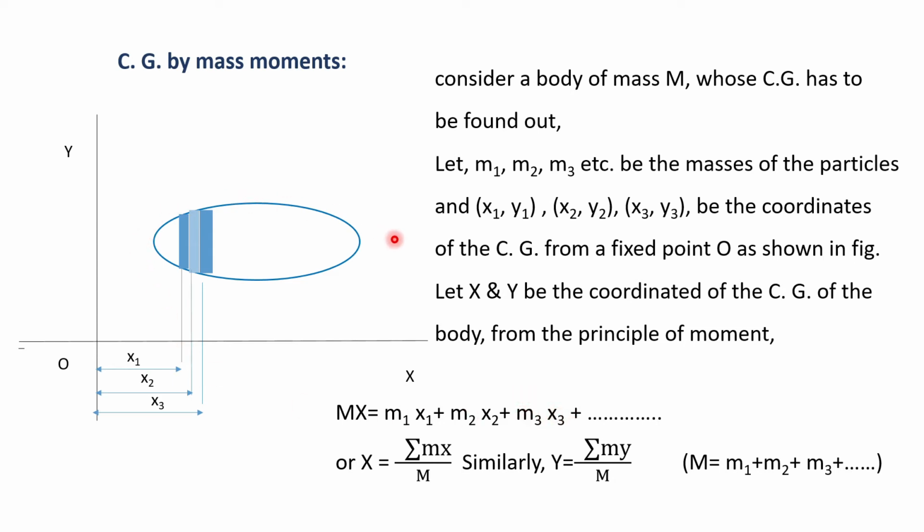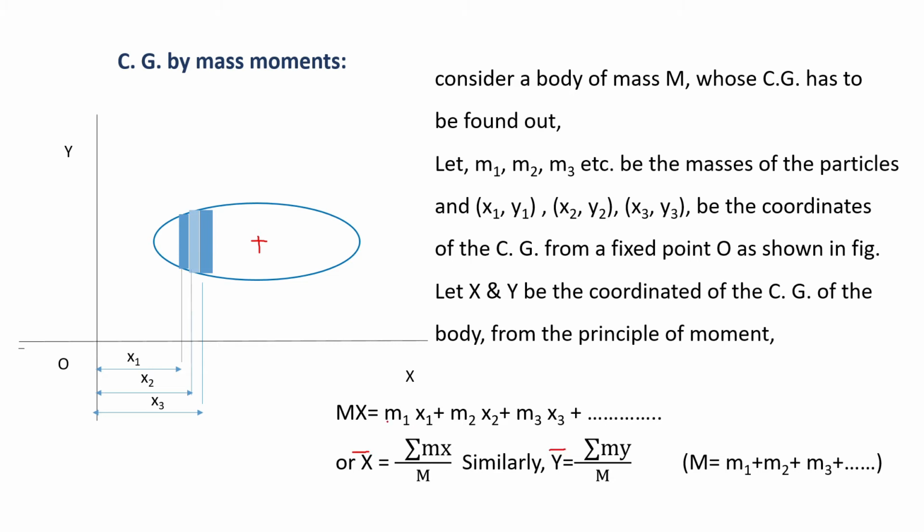When we sum all these together, we get the summation for all the combined strips which form this particular shape. To get the location of the CG, we get its coordinates in terms of x and y, generally denoted by x bar and y bar.